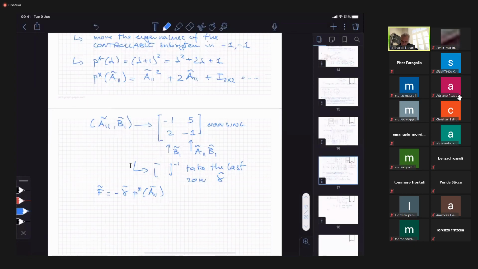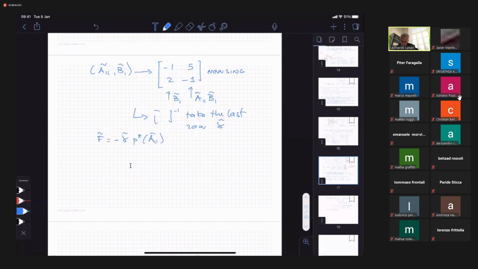Once we have this F1 tilde, we have F tilde equal F1 tilde, 0. And then we should go back in F, the usual relationship.